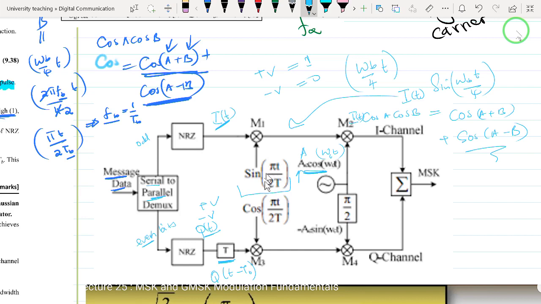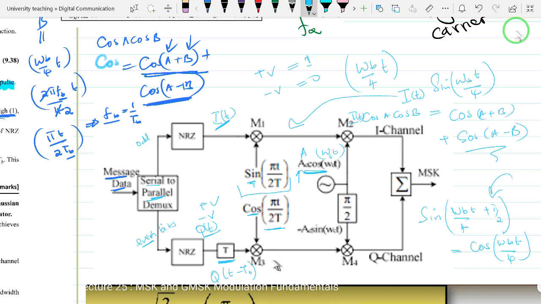Then just like we were able to obtain the sine omega_b t over 4, similarly we can have the π over 2 shifted version of that signal, so that it is now a cosine function. What we are simply saying is that sine of omega_b t over 4 plus π over 2 is equivalent to cosine of omega_b t over 4. So this is the π shifting that we are talking about.